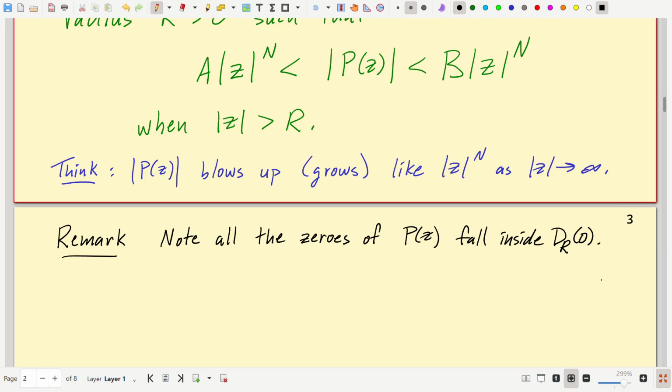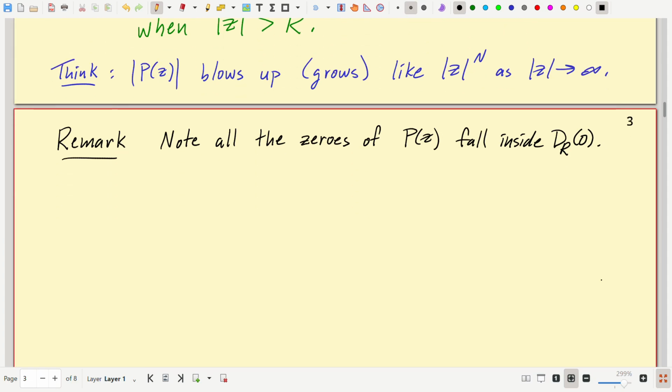Well, this basic estimate is pretty easy to demonstrate. So the proof of the polynomial estimate. Let's see. When you write out the polynomial, you can factor out the z to the n.